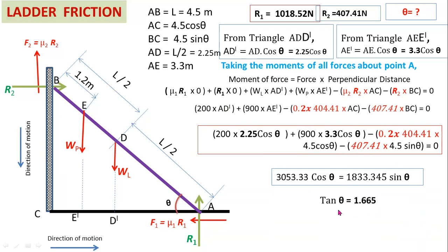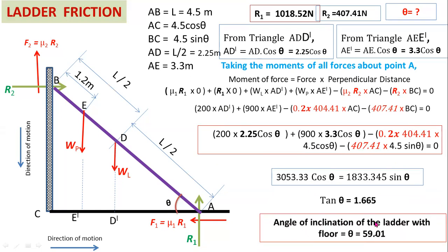After that, theta, the angle of inclination of the ladder with respect to the floor, is theta equal to tan inverse of 1.665. Tan inverse of 1.665 equal to 59.01 degrees.